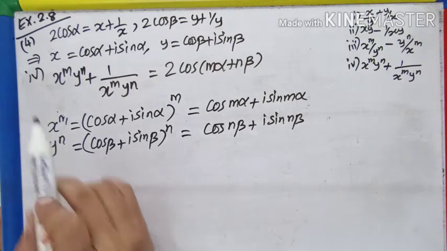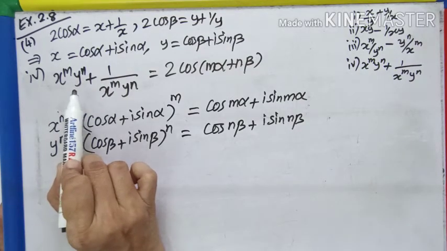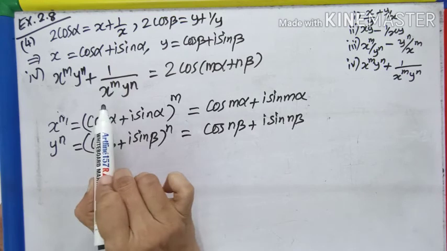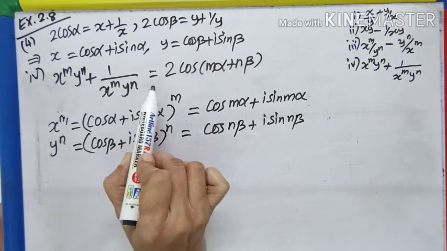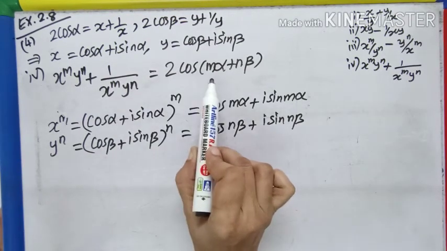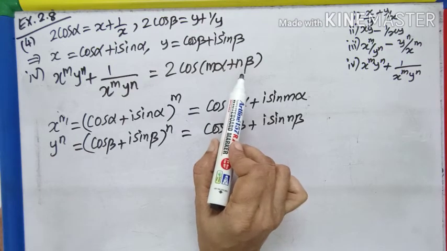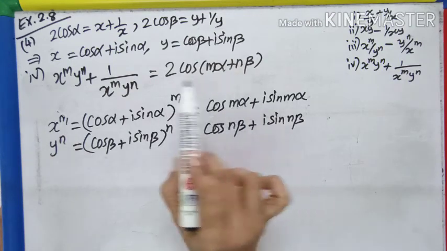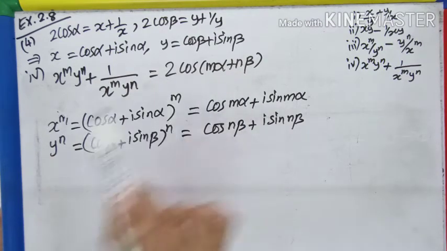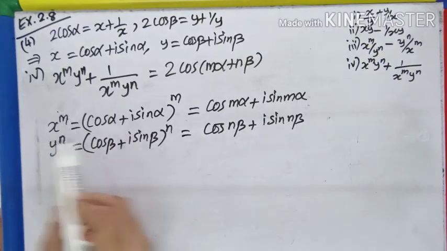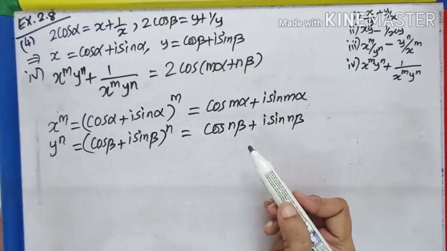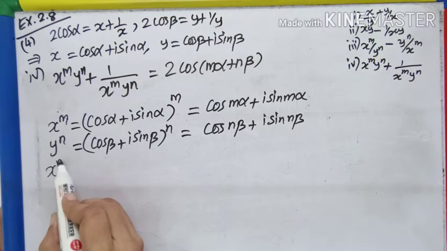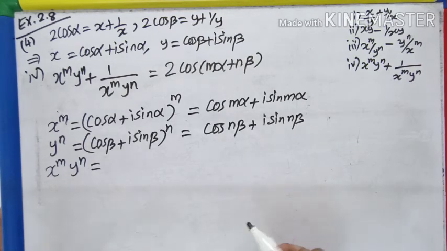Subsection 4. x power m into y power n plus 1 by x power m into y power n equals 2 cos m alpha plus n beta. Now that we have done 3 subsections, this is more or less the same. x power m, y power n we can use from the previous section. I want x power m into y power n.